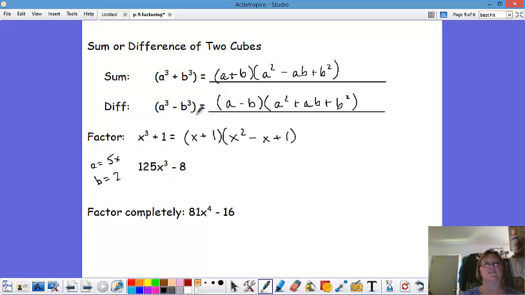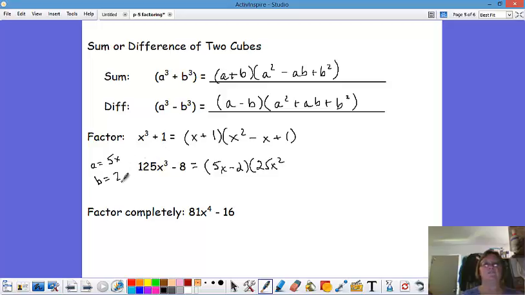Let's see if we can follow the pattern now. We've got a difference, so this is going to factor as a minus b, so 5x minus 2 multiplied by a squared. If we square 5x, we get 5 squared, which is 25, and x squared. Then it's plus a times b.